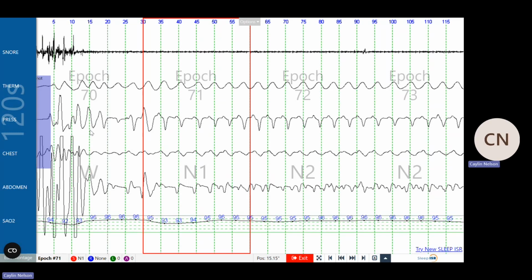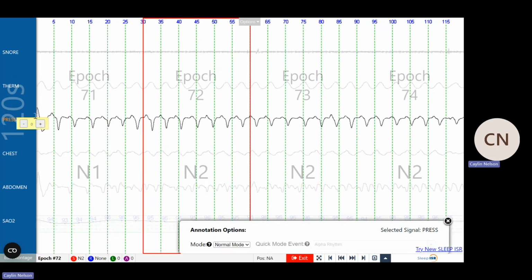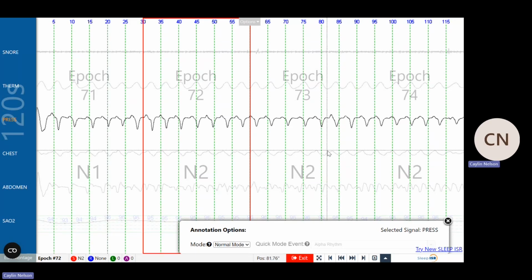Okay, so continuing on, we're going to have our epoch 70 and move to 71 through 74. So again, we're going to look at our pressure channel first, see if there's any possible hypopneas, any possible changes. So specifically, we're looking for any decreases in amplitude, which will show our decreased airflow.